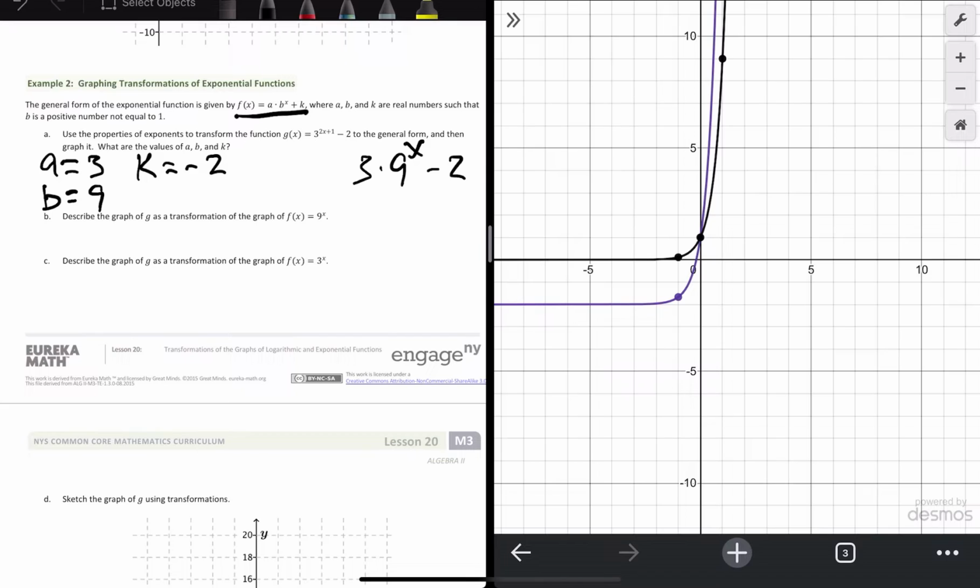Well, this one's kind of hard to tell. But we're definitely going to have a vertical translation and a stretch, just by looking at it. So let's look at our values and see what they're telling us.